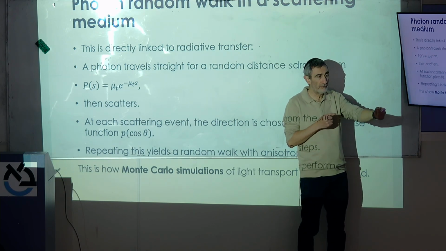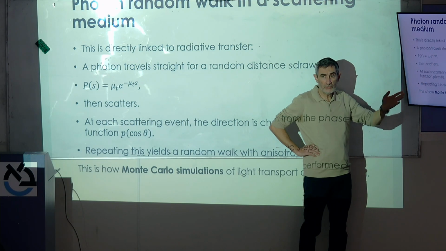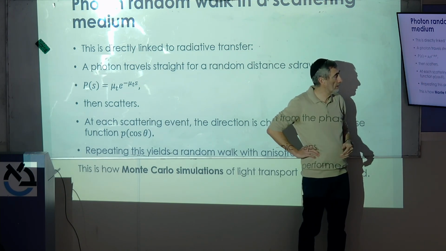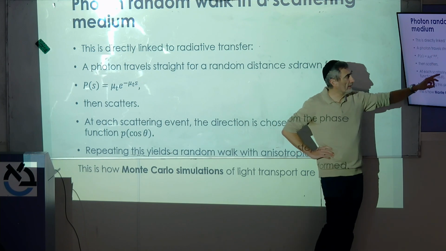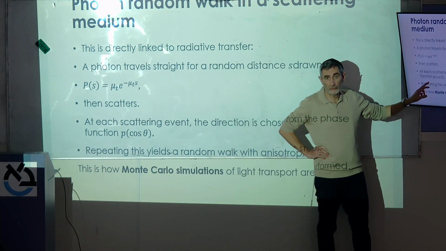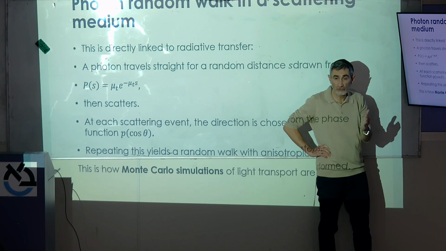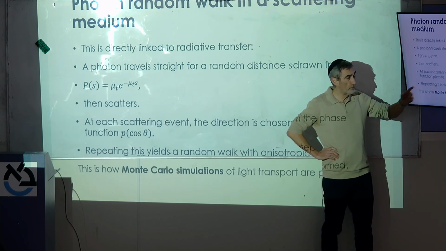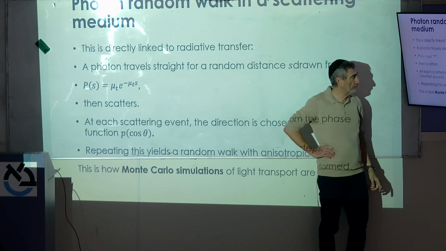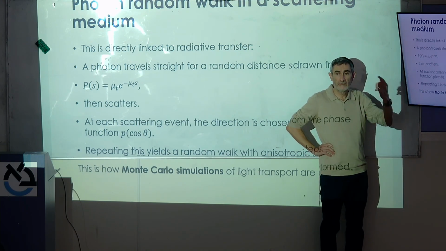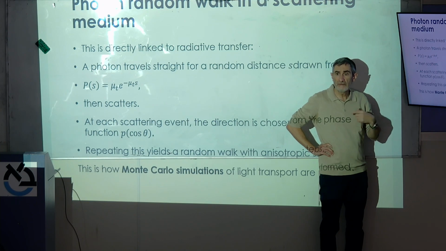After one step, scattering, the object, the photon or whatever, is scattered in a different direction. So at each scattering event, the direction is chosen by the phase function. We know that the scatterers have a phase function p of cosine theta. So we use this phase function to redirect the photon in a different direction. And you repeat that many times and for many photons.